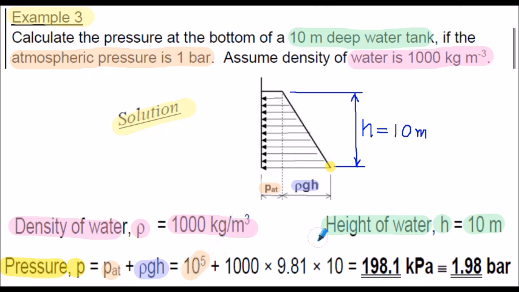We add to that rho gh, where rho is 1,000 kilograms per meter cubed. We always assume g to be 9.81 meters per second squared, and the height h here is 10 meters. So that evaluates to a pressure of 198.1 kilopascals, and that's equivalent to 1.98 bar.